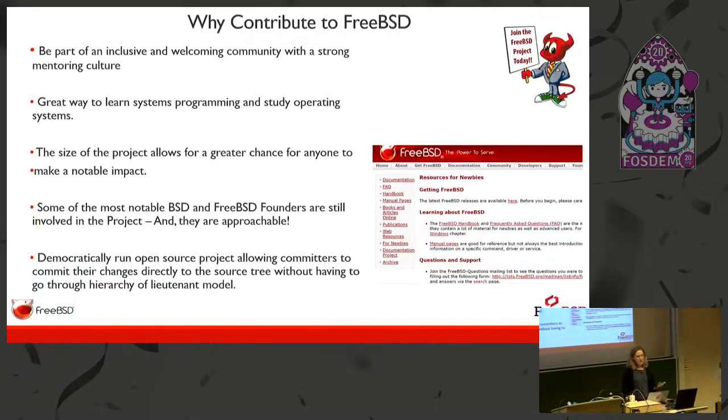And like I said earlier, some of those original people like Kirk McCusick, he's one of the original BSD developers from Berkeley, and he's on my board, and he's still very involved in the project. You go to a conference and he's there talking to people, and you don't have to line up to talk to him. He's just very approachable and very friendly too.